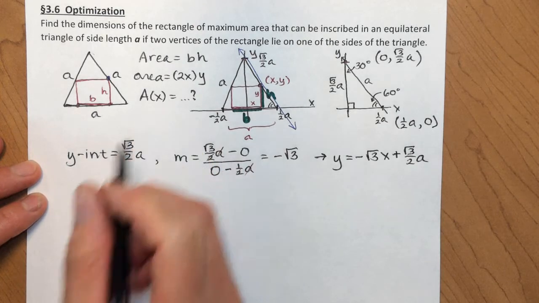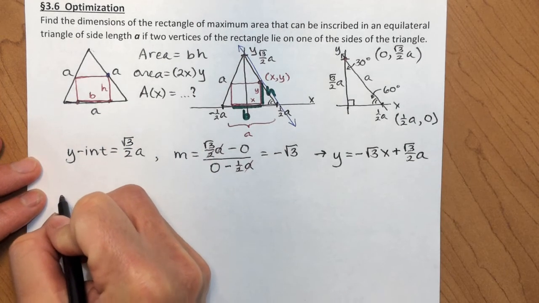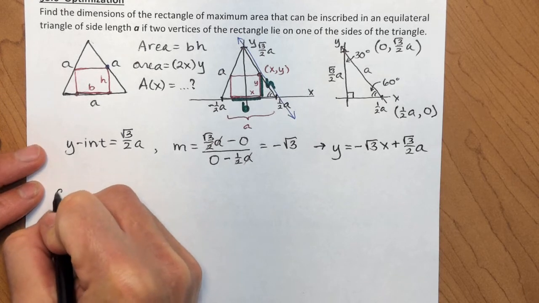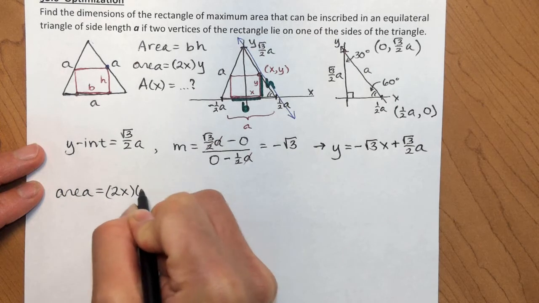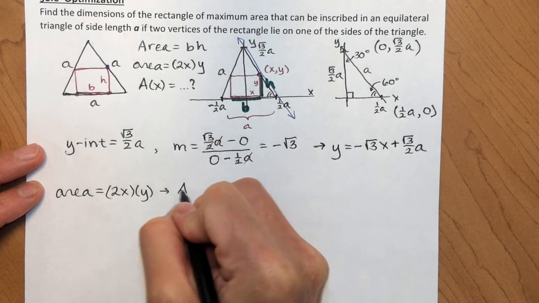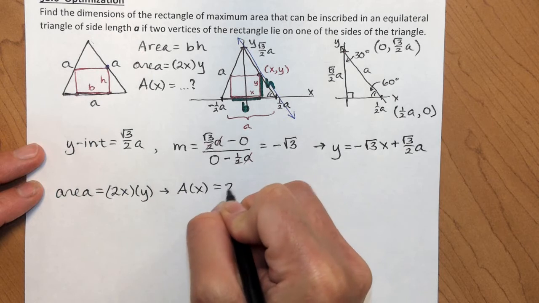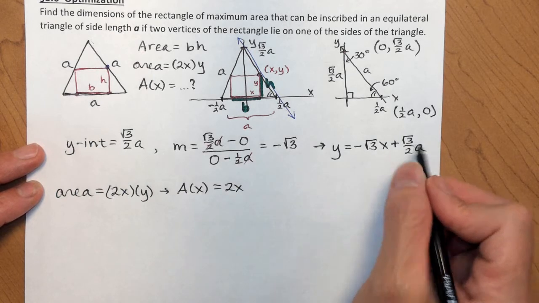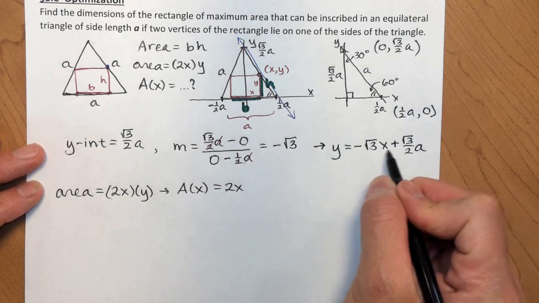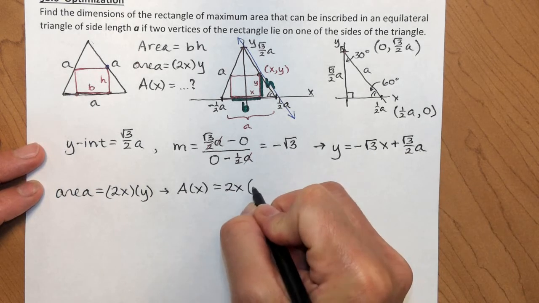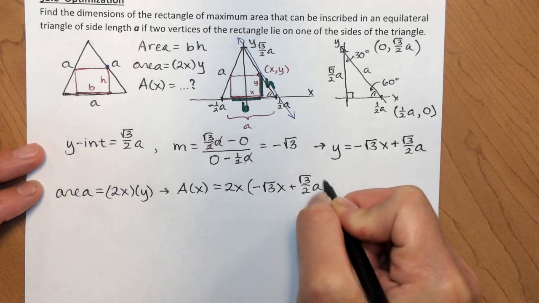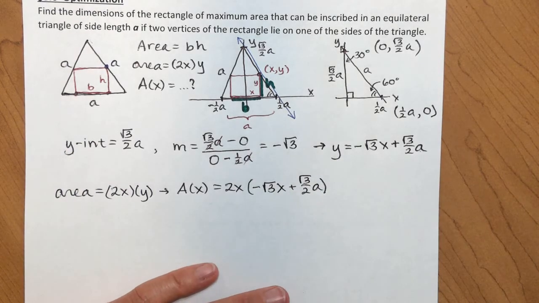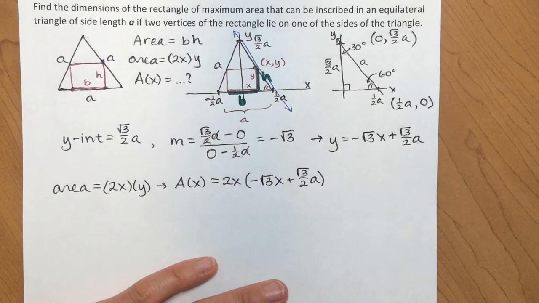So going back to my area formula, the area of my rectangle is 2x times y. So area just in terms of x is going to be 2x times my y, which I'm going to replace with the equation for the line. So negative root 3x plus root 3 over 2a. To find extrema, in this case to find the maximum area, I need to take the derivative.